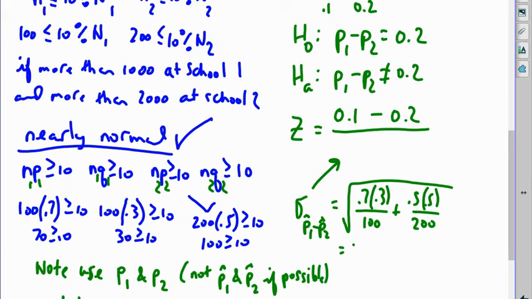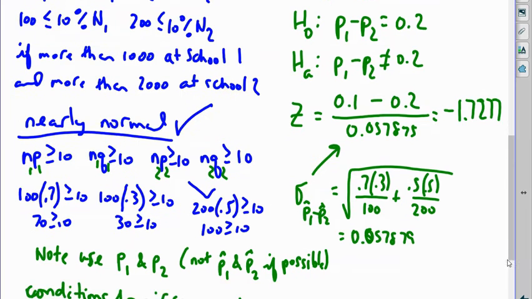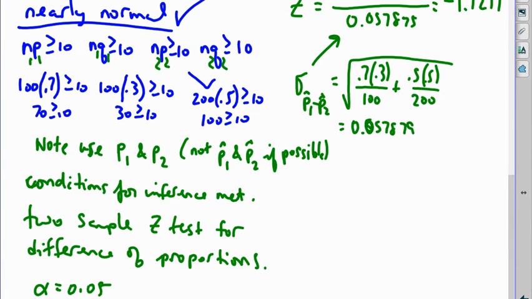We've got 0.057879. So I'm going to put that value right here, 0.057879. So my z-test statistic comes out to be negative 1.7277. And now I'm going to slide this down so I can have some room to write.